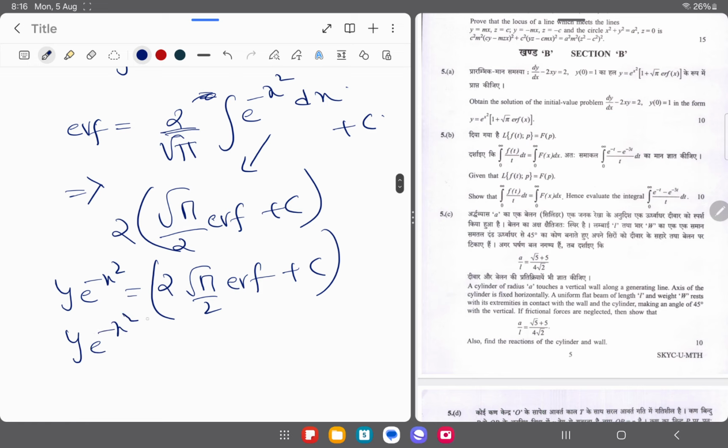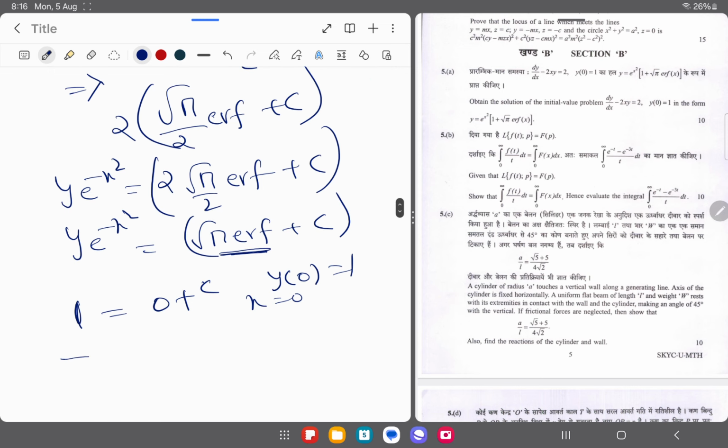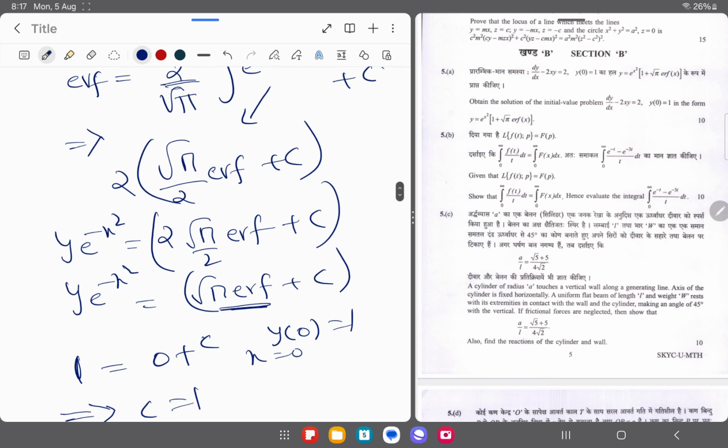So y e power minus x square is equal to root pi erf(x) plus c. Now let us substitute y(0) is equal to 1, right? When x equal to 0, y is equal to 1. 1 is equal to 0 plus c. So c is equal to 1. So y is equal to e power x square into 1 plus root pi erf(x).